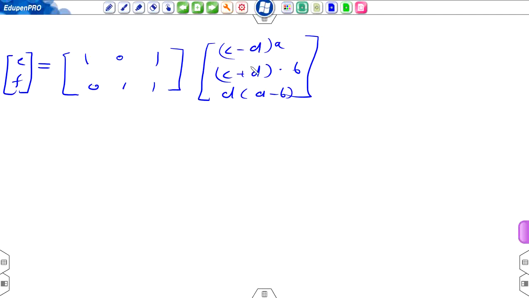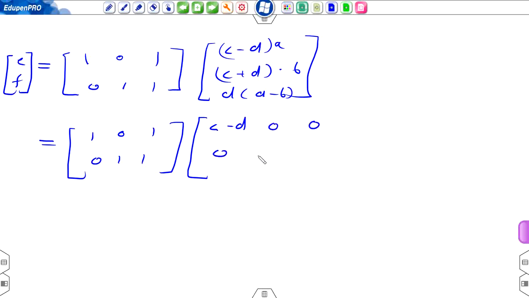Further, this matrix consists of the constants multiplied by the signal sample, so we can separate them. So this matrix can be further decomposed in this form in a diagonal matrix, 3 cross 3 diagonal matrix. And 3 cross 1 column matrix.